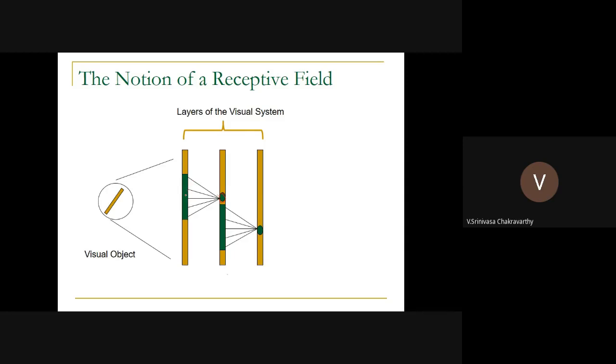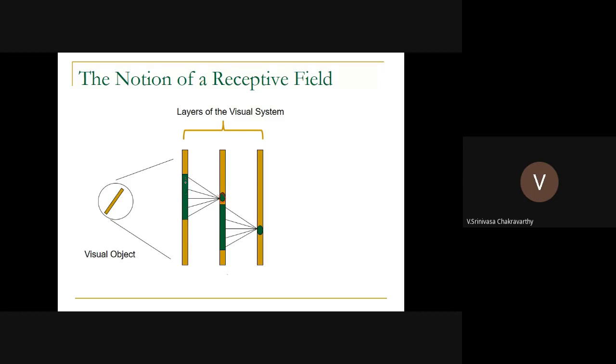The same thing happens all the way to the retina. Imagine the first layer that you are seeing here is the retina, and the next layer could be maybe the LGN. In the retina itself, a small patch of photoreceptors in a neighborhood can see only a small patch of the outside world, a part of the image.